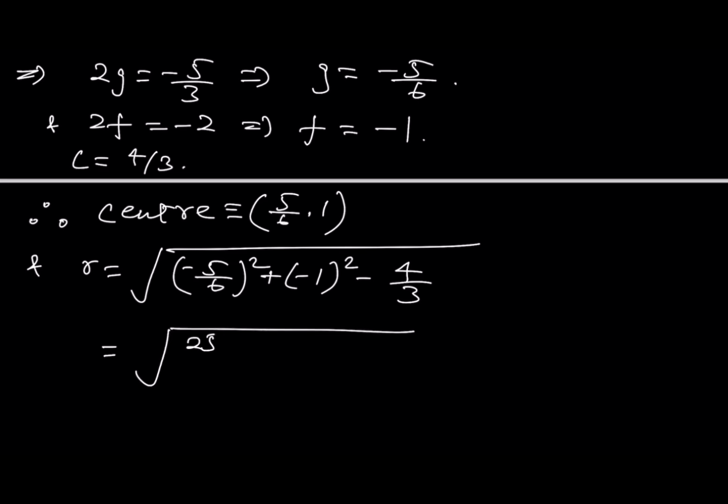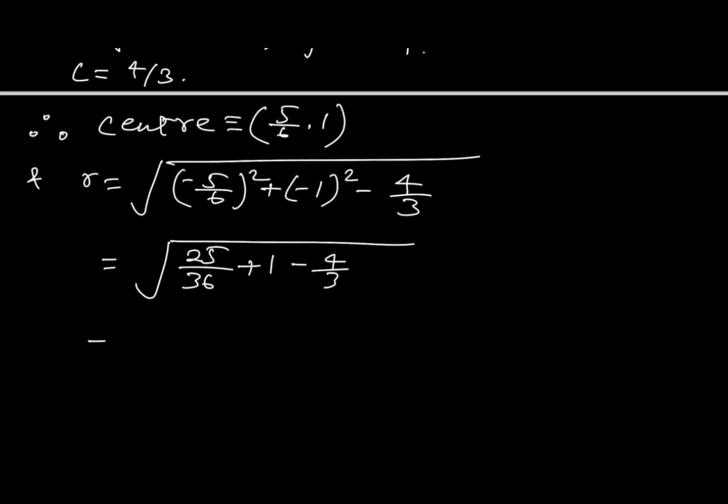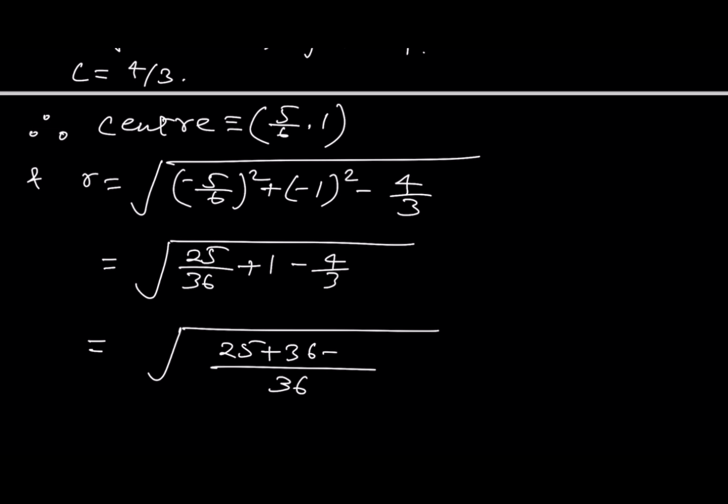25 by 36 plus 1 minus 4 by 3. Or if I take LCM as 36, so root over 1 by 36, and in the numerator 25 plus 36 minus 48, right?